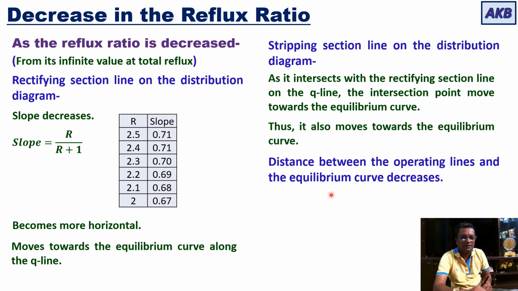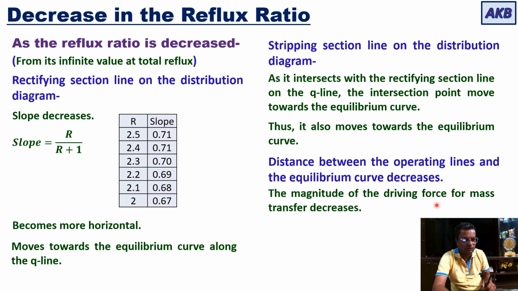As the two lines become more horizontal, they come closer to the equilibrium curve, and the distance between them and the equilibrium curve decreases. And this distance is nothing but the magnitude of the driving force for mass transfer. So if the distance is decreasing, the magnitude of the driving force for mass transfer also decreases.